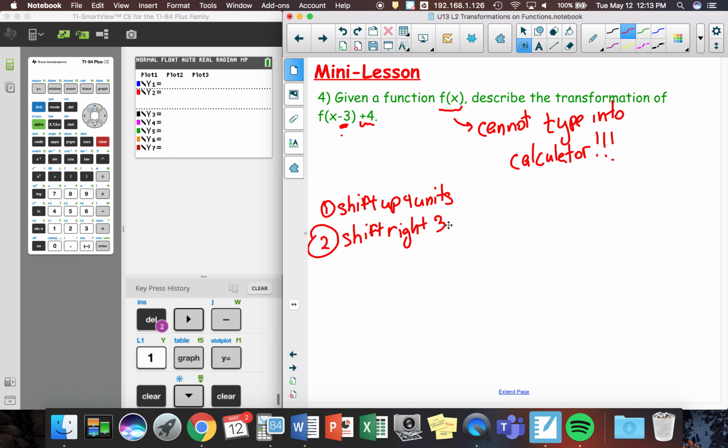So it goes right 3 units. That's it. You're done. Doesn't matter what the calculator graph would have looked like. As long as you know what these 2 things inside here mean, you're good. You got your answer. Okay? So whenever you see f of x, you can't type it into the calculator, unfortunately. If you see f(x - whatever), you just can't type it into the calculator.